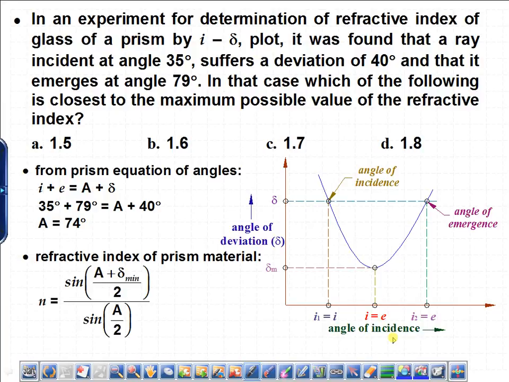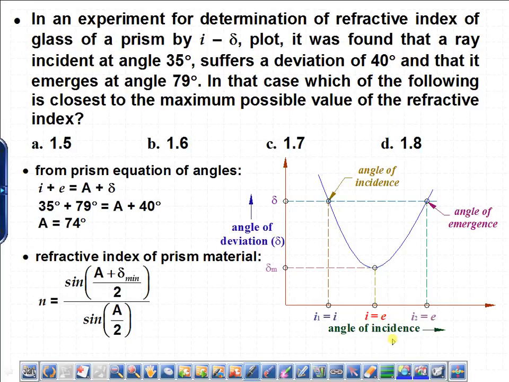It is simply the quest of finding what can be the maximum possible value of refractive index from the given options. So for the time being, we assume that 40 degree is minimum deviation, though we know that minimum deviation will be lesser than 40 degree, as clearly seen from the graph. But we have to start with something.